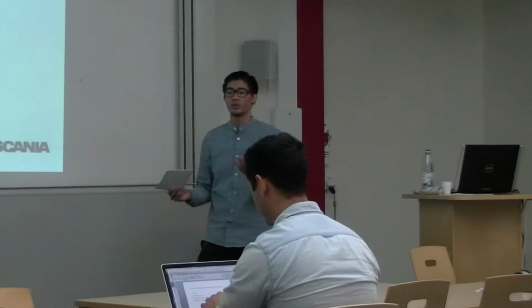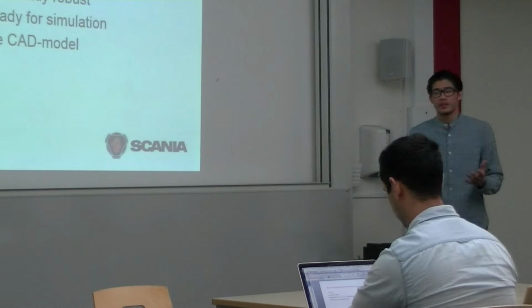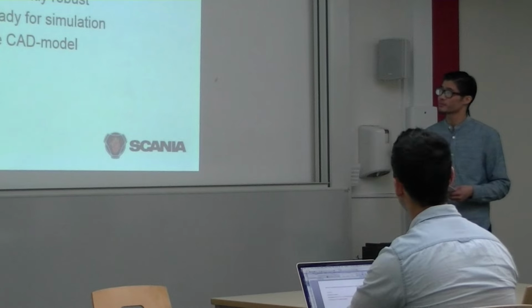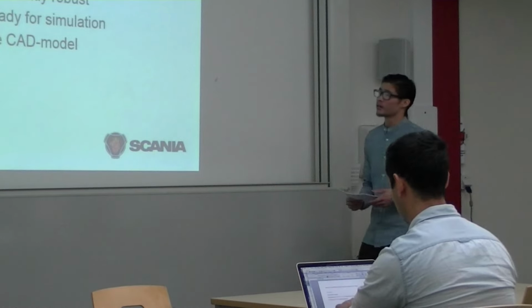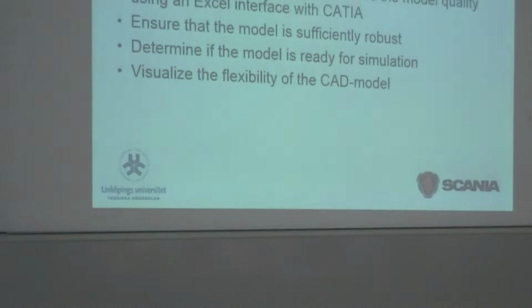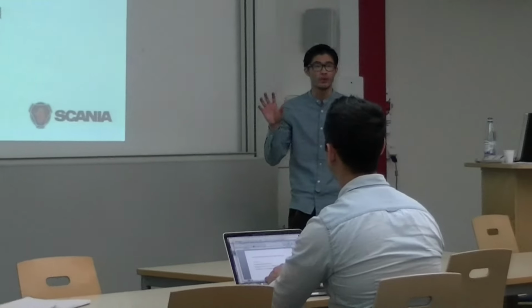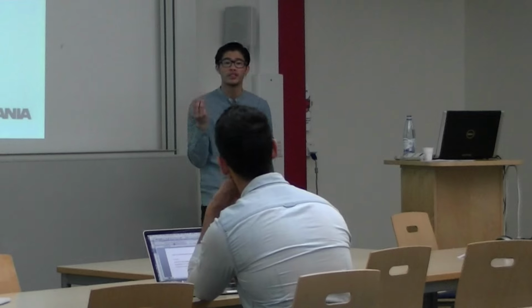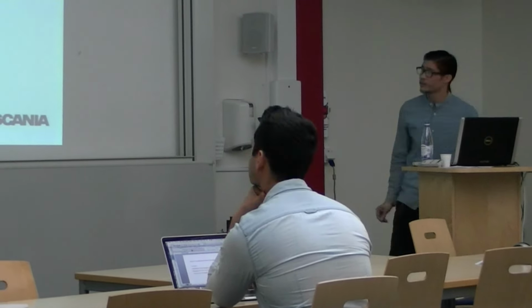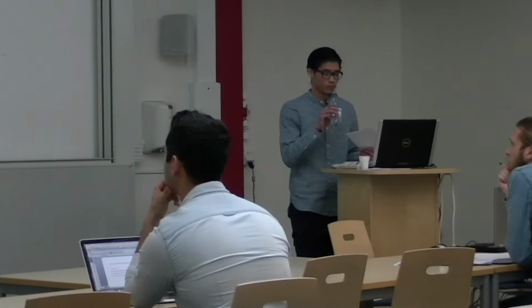And what a designer can do is to analyze these failed geometries, find out what is the cause of the model errors, and eventually, hopefully, fix the model. Now, if that's not possible, the designer has to actually reconfigure the design space slightly. Now, the Excel interface can also be used to take pictures of each geometry, and by putting these together, I can create an animation, which you will see in the next slide, of the turbine volute. And now you can see the flexibility of the turbine volute.